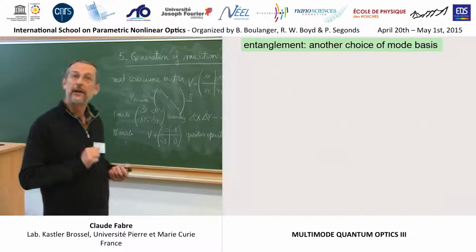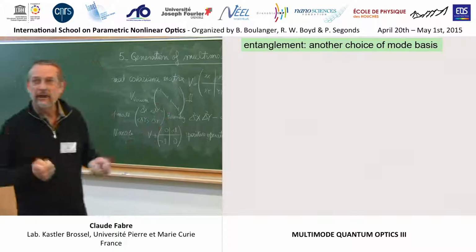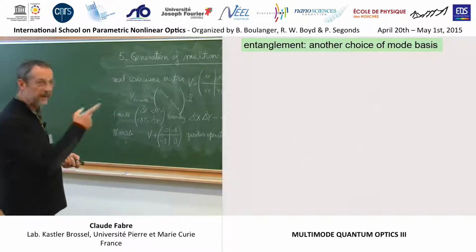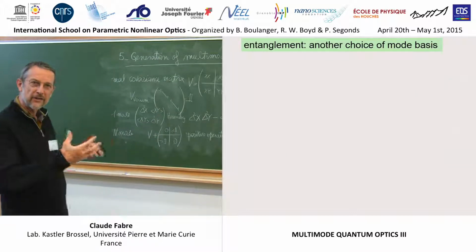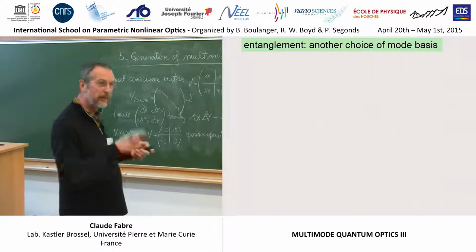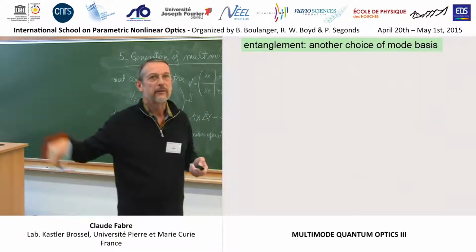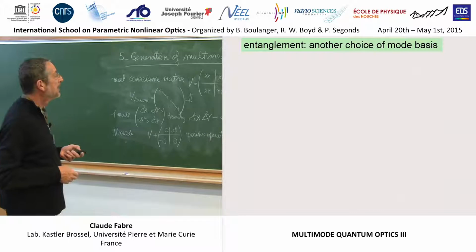This is squeezing, but I don't want squeezing, I want entanglement. Multimode entanglement. But as you know now, it's just a difference of point of view to go from one to the other. Remember, the 1-1 state, the factorized state, was 2-0 minus 0-2. It is the same here.